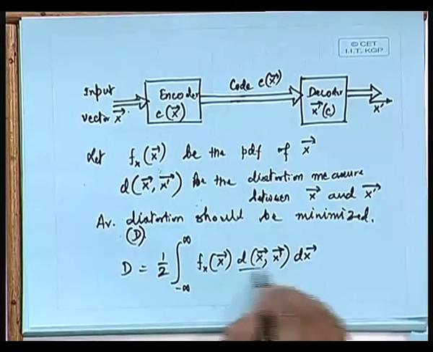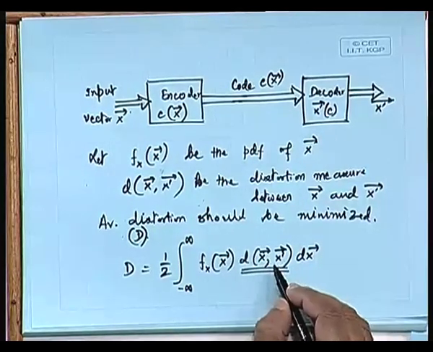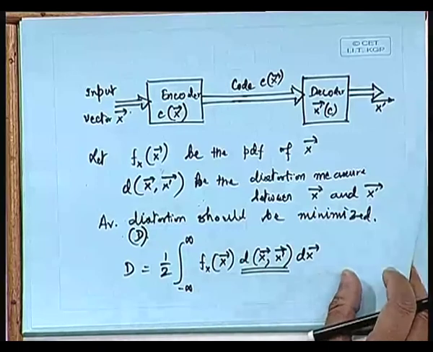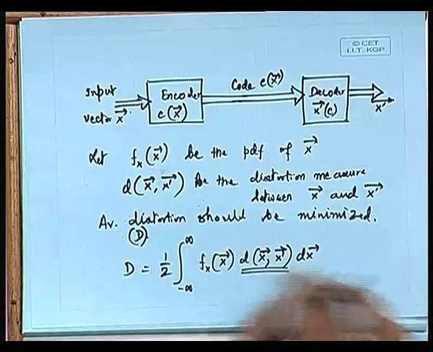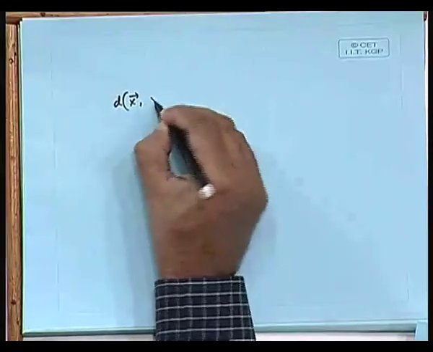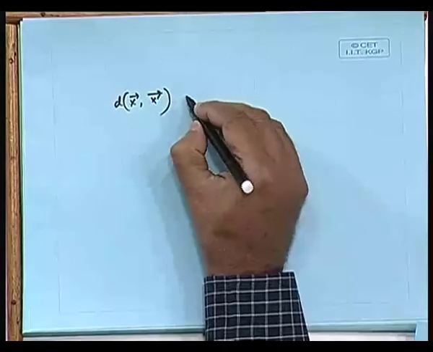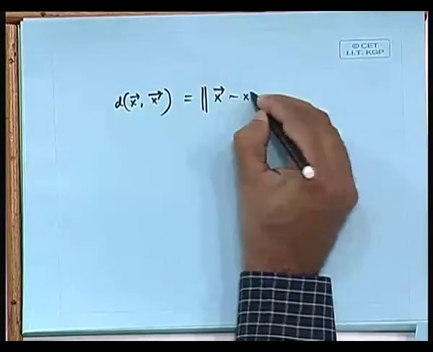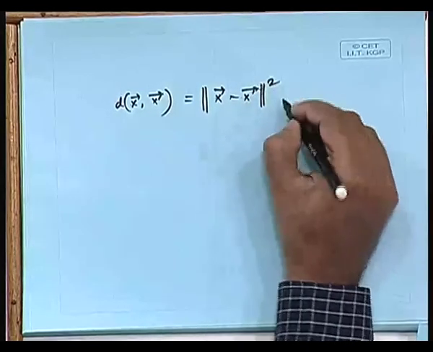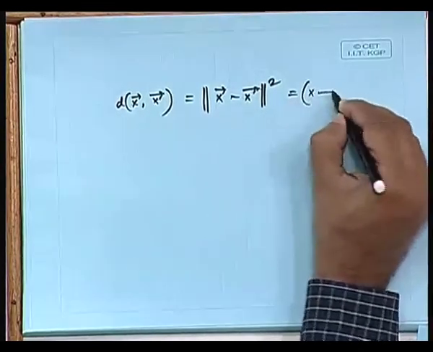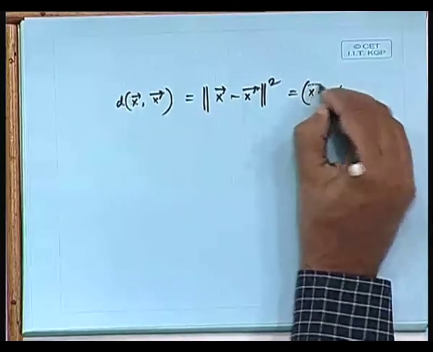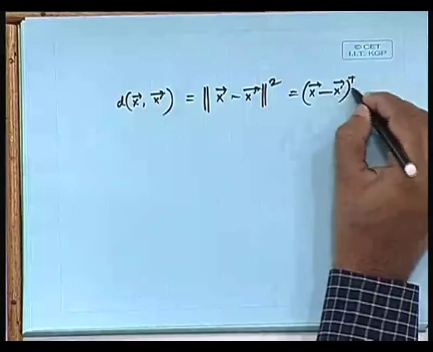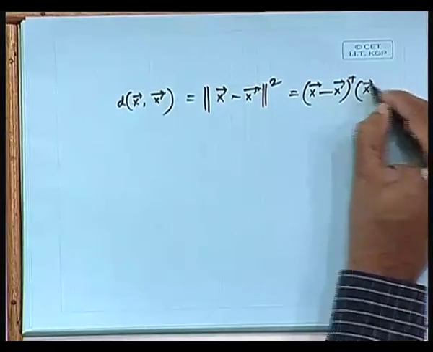Now, what is the form of this d(x, x prime)? One of the popular measures that we take is the Euclidean distance between the two. So, d(x, x prime) is equal to the Euclidean norm of x minus x prime, squared. In matrix-vector form, it is written as (x minus x prime) transpose times (x minus x prime).